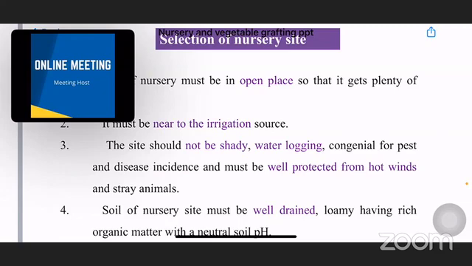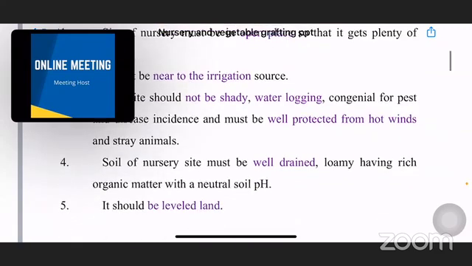So we have to protect the nursery from all this, and also from hot winds and animals, because if animals come, they may graze or destroy the plants. The nursery soil should always be well drained. The pH should be neutral or near neutral so that plants grow better, because many vegetables suit acidic to neutral pH.